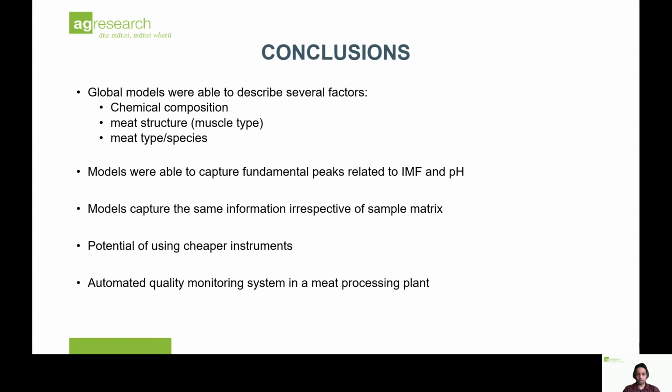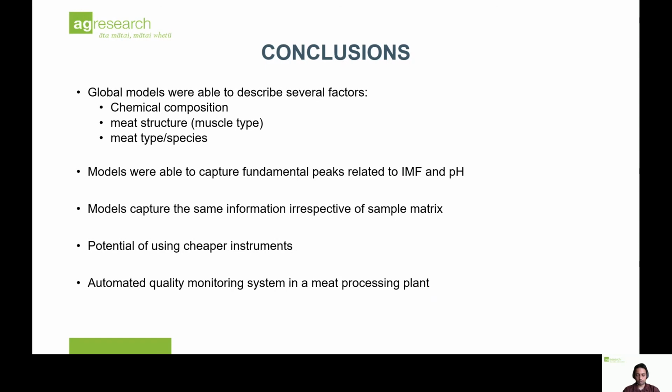Now, finally, the conclusions. As we saw from the model statistics and the plots, the global models were able to describe several factors such as chemical composition of your meat, meat structure, that is muscle type, and meat species as well. Models were able to capture fundamental bands or peaks related to IMF and pH as seen from the VIP plots.